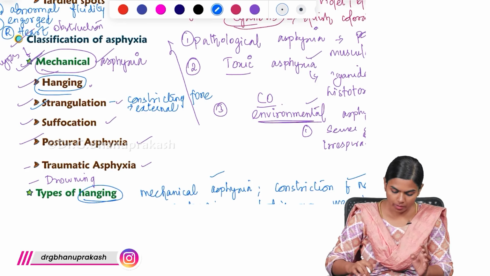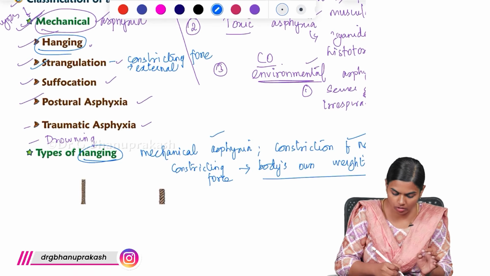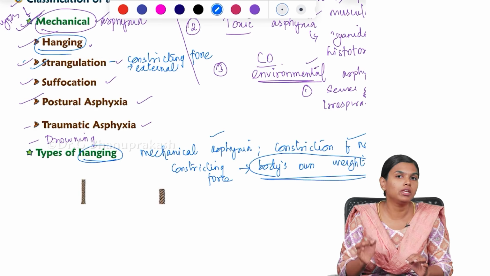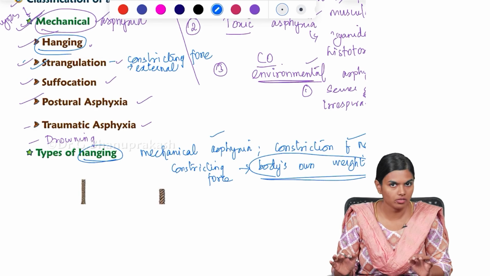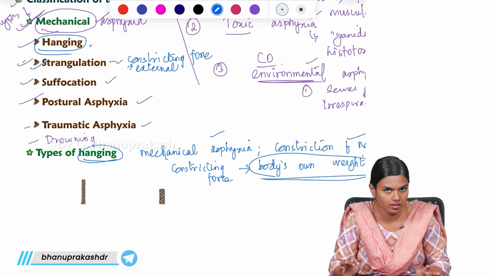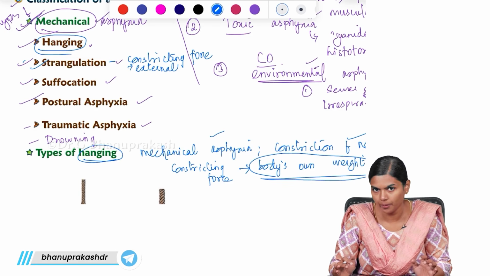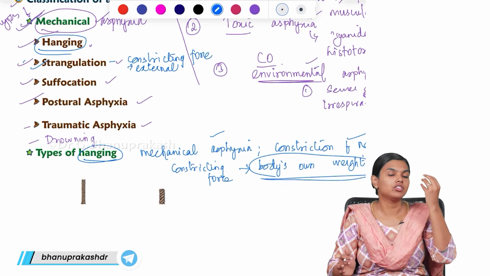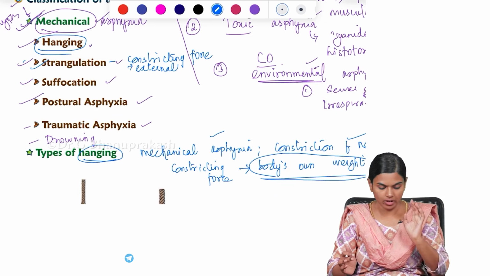So, the main difference between strangulation and hanging is that the body's own weight would be constricting the neck in case of hanging, while in case of strangulation, it will be an external force that will be constricting the neck. Clear? So, this is the main difference between the definition of hanging and strangulation.